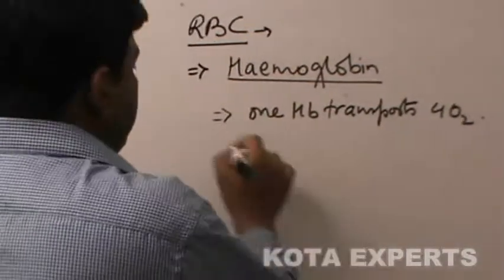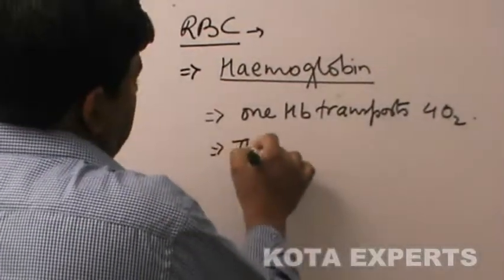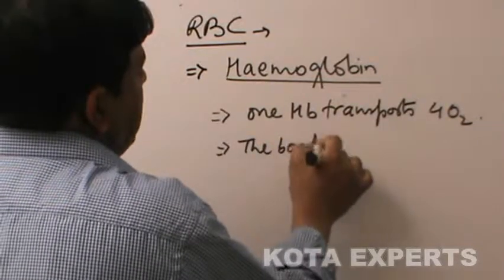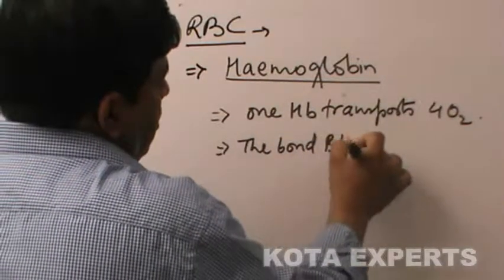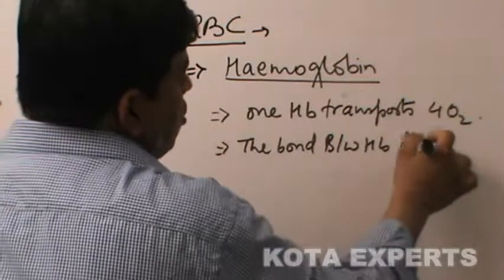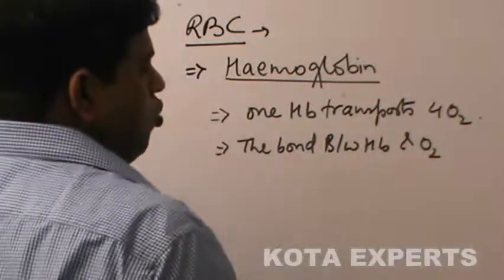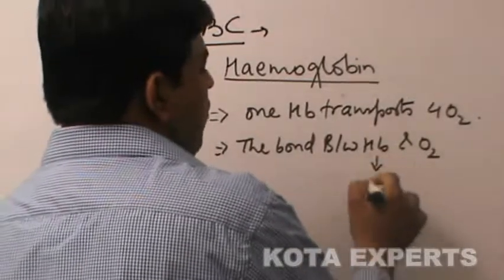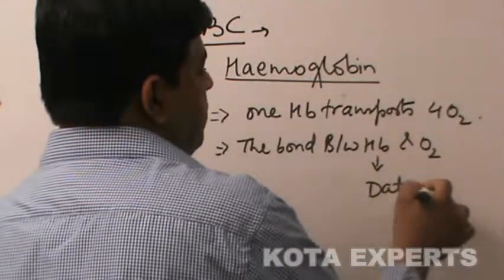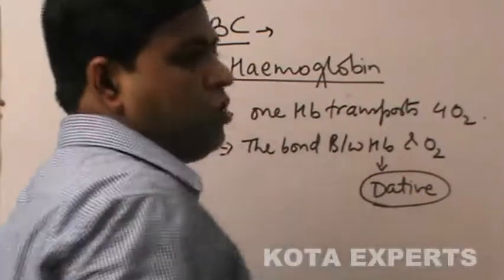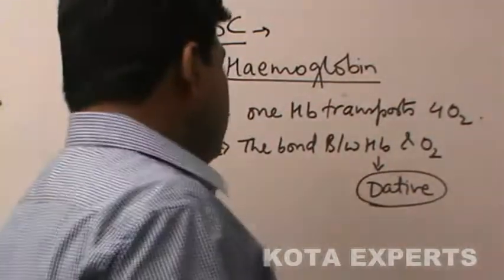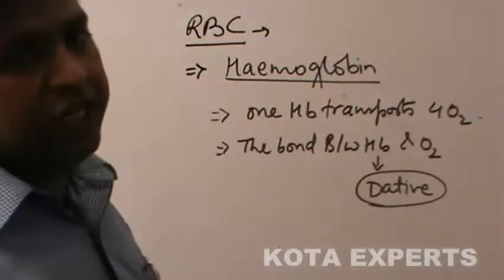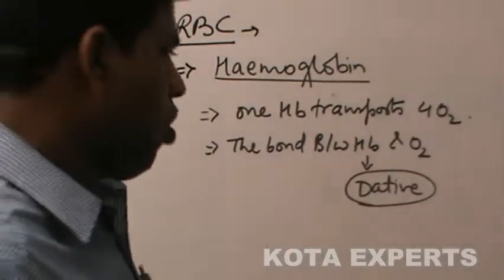So the bond between hemoglobin and oxygen or hemoglobin and carbon dioxide is reversible, but it is of dative type. It is not a covalent bond, it is not an electrovalent bond, it is a dative bond or coordinate bond.